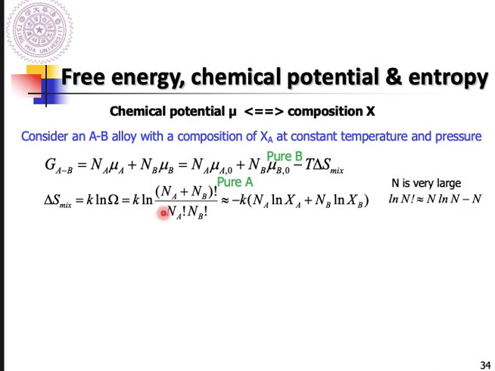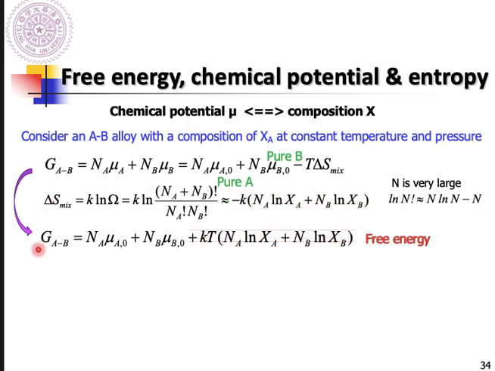We assume NA and NB, the numbers of atoms A and B, are very large, so we can use the Stirling approximation here. Next, we substitute this term inside, so we can rewrite the Gibbs free energy of the AB alloy like this.